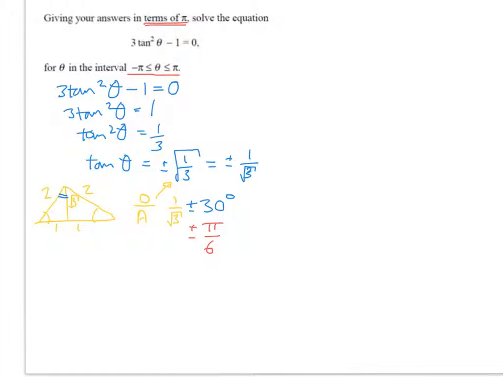Let's have a look to see if we have all our necessary solutions. Because the answers can be either positive or negative, they could be in any quadrant. And the angle it makes with the x-axis is always pi over 6.